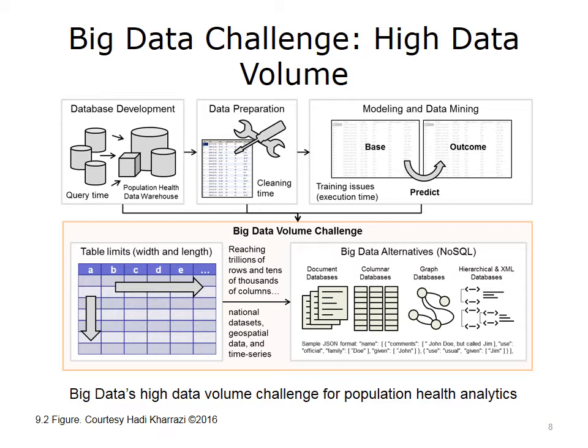The big data alternatives include non-relational solutions, also known as NoSQL, such as document-based databases, columnar databases, graph databases, and even hierarchical databases. These new data platforms store the data in new formats that are often foreign to traditional population health analysts, thus requiring a steep learning curve to adopt them in existing population health analytic pipelines.